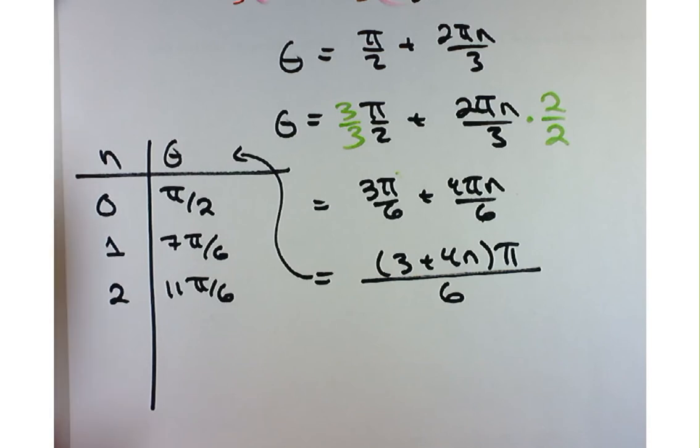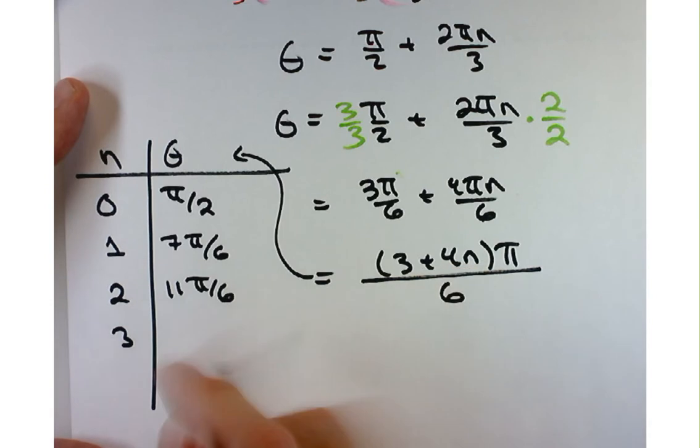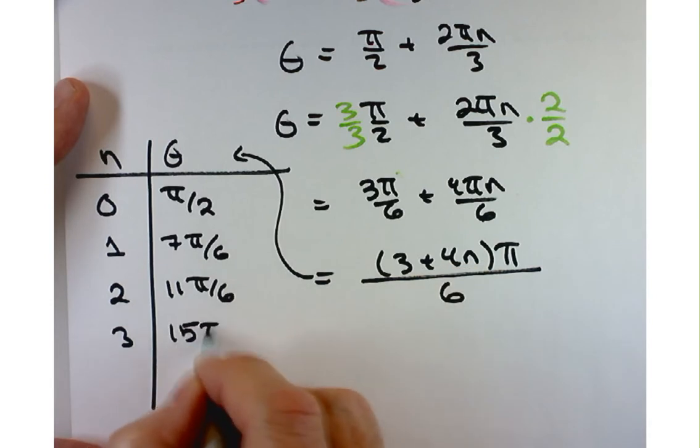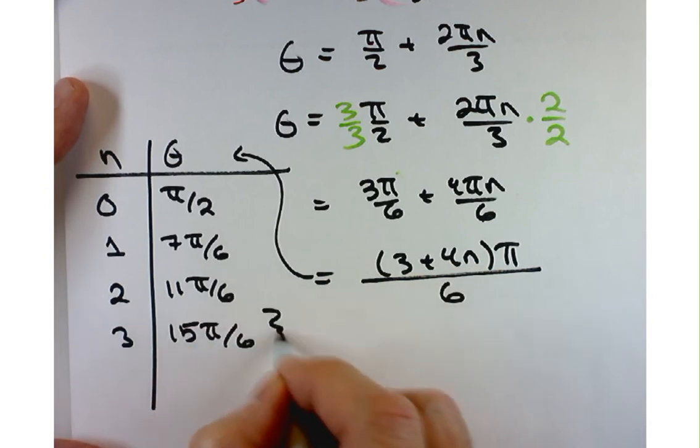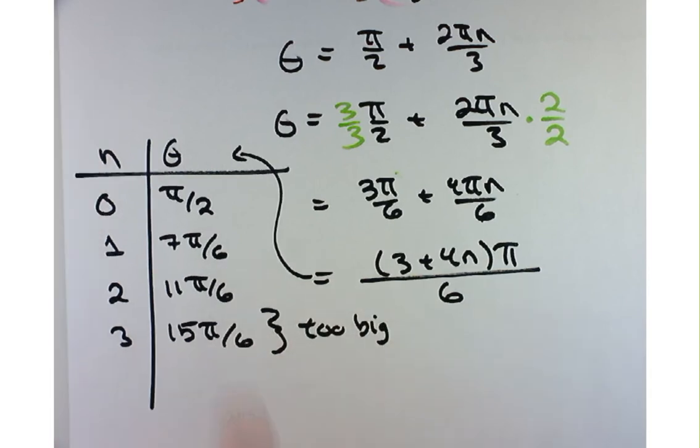Ooh. So if we try one more, if we go to 3, then we get 15 pi over 6, at which point that's too big, because 15 over 6, that's more than 2. So it's too big.